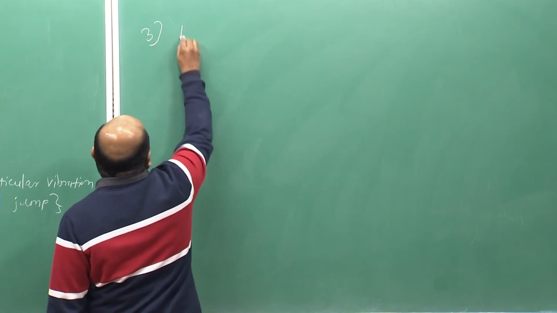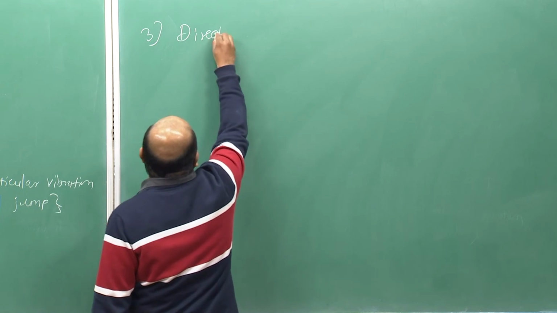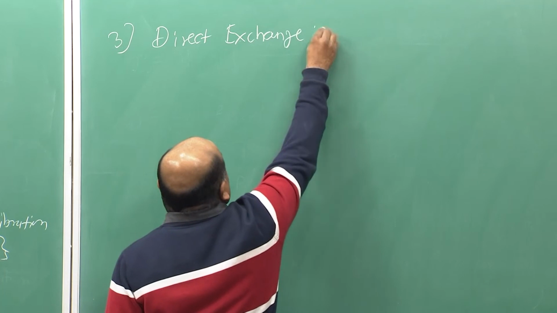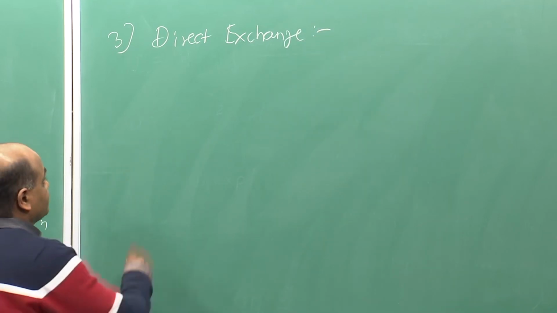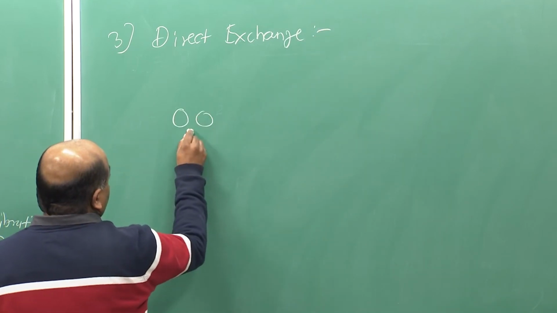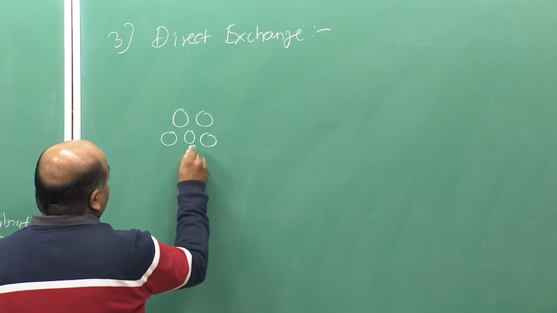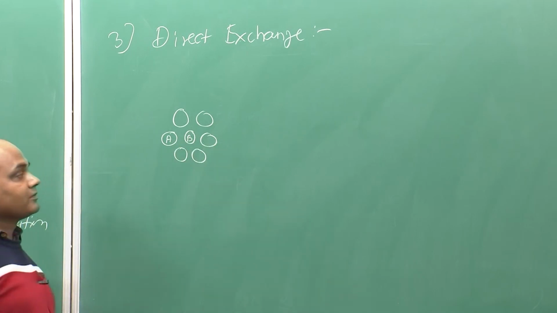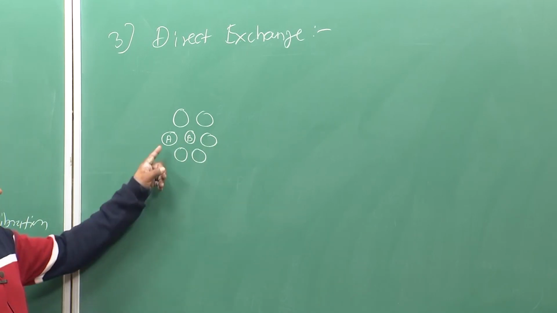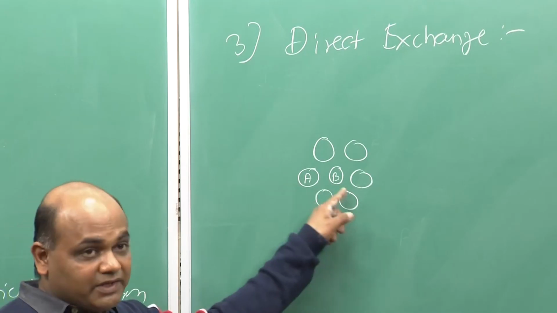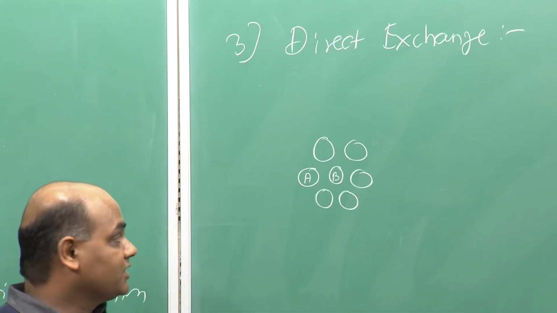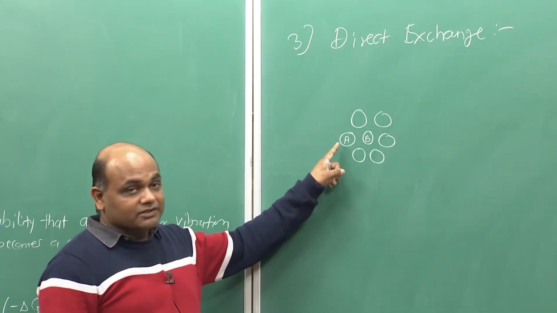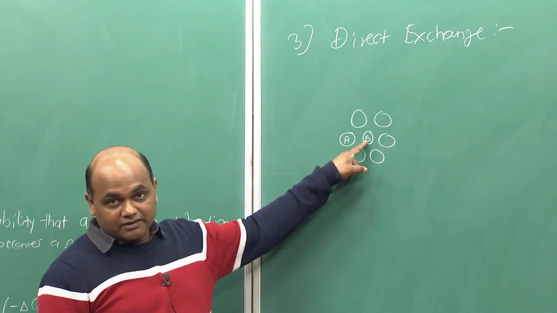One of them is called direct exchange. As the name suggests, it is a direct exchange between two atoms. So, if you consider atoms on their regular lattice sites, let us say atoms A and B here.